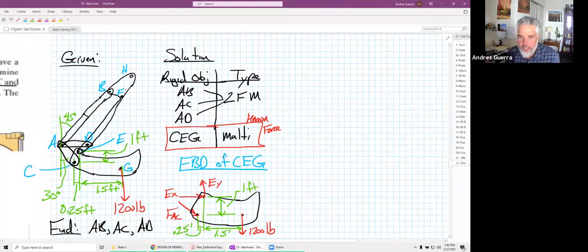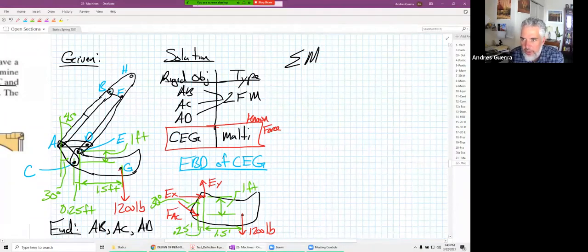Once we get to the equations, it's just a matter of plugging and chugging. Oh, let's see, I've got some more geometry here. We identified this angle right there as equal to 30 degrees. Okay, but we can see now, and I'm going to skip over the equilibrium equations. I'm going to start with summing moments because I can get rid of lots of unknowns if I sum moments about E.